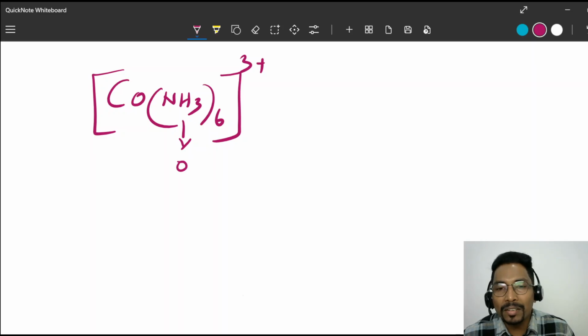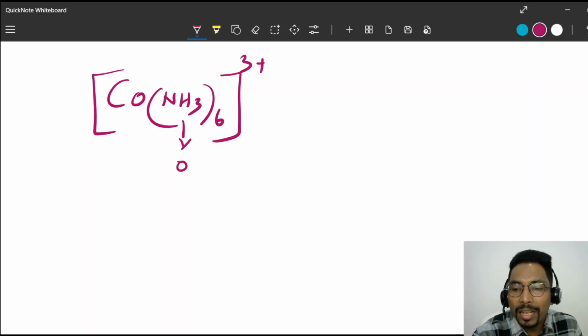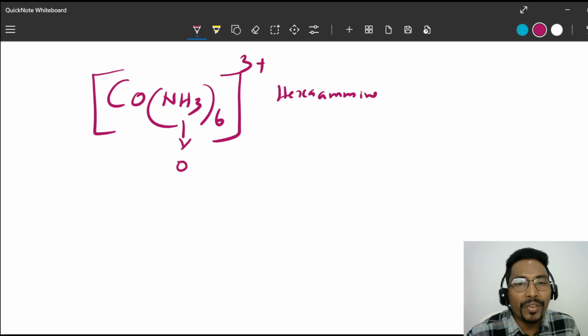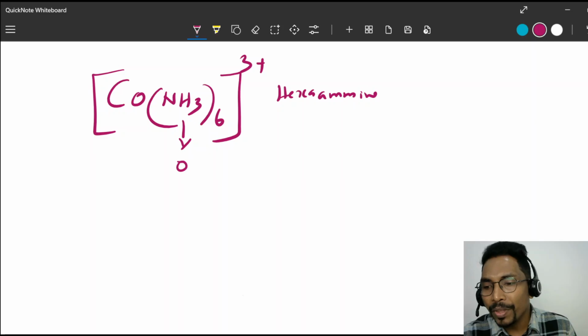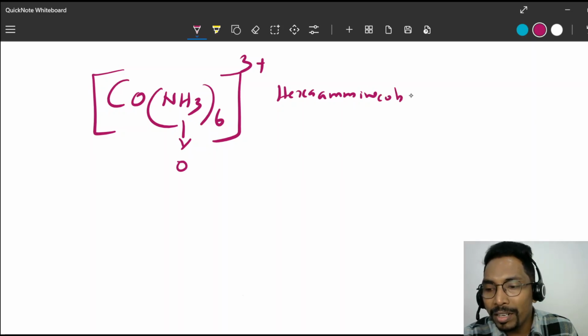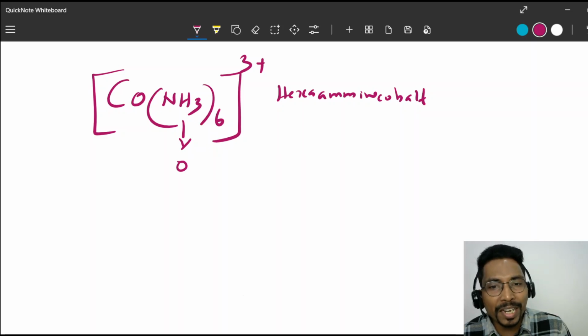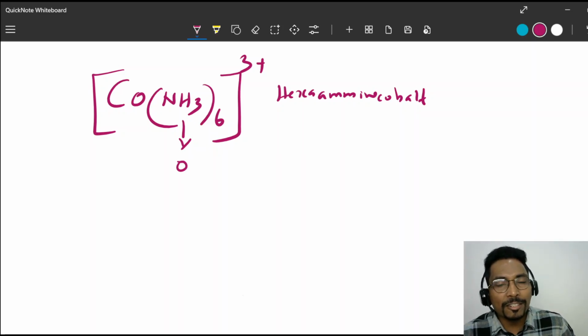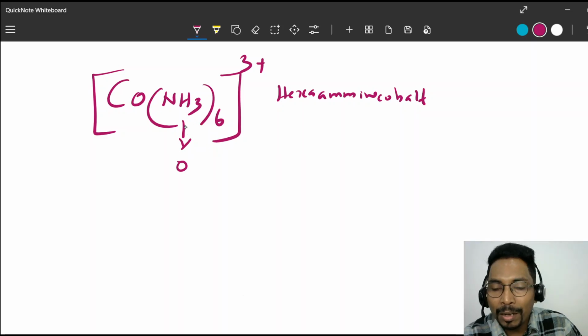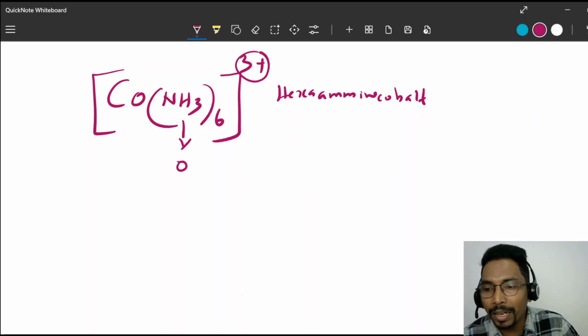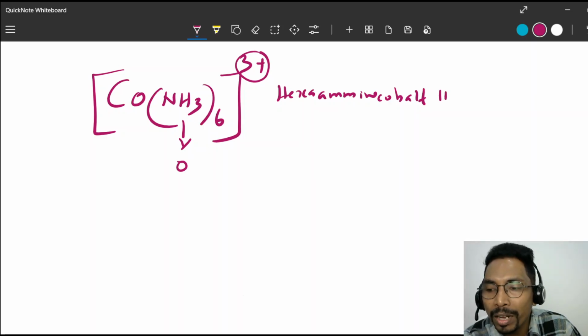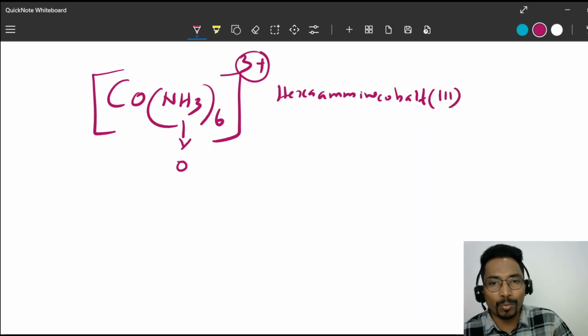Six ligands are there, so hexaammine. The central metal atom is cobalt. What is the oxidation state of the central metal? It is 3, because ammonia is 0 and the 3+ is the charge of the cobalt central metal atom. So hexaamminecobalt(III) is the name of this complex.